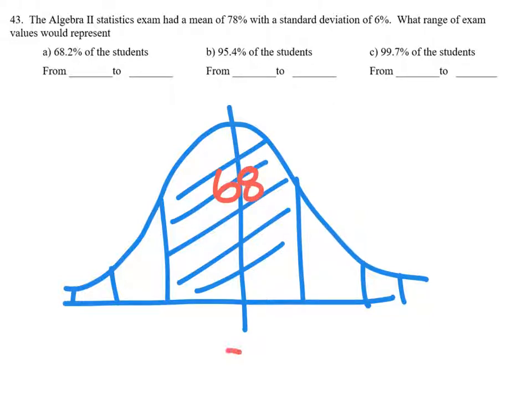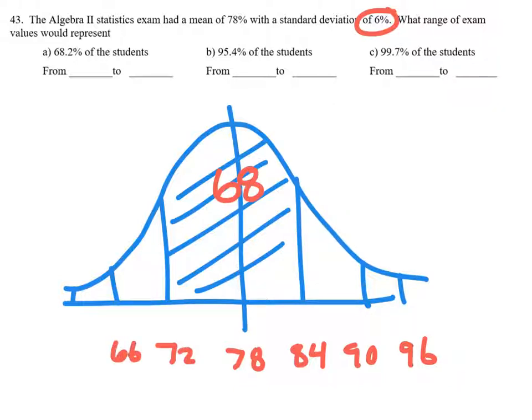So if the mean is at 78 and our standard deviation is 6, that would be 84, 90, 96 going that way, and 72, 66, and 60 going this way. So from 72 to 84, you'd get that 68% of the group.